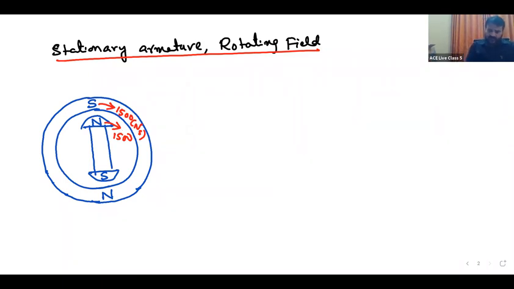So, if a person is sitting on the stator, for example, standing on the stator, his name is stator, say. Person sitting on the stator.